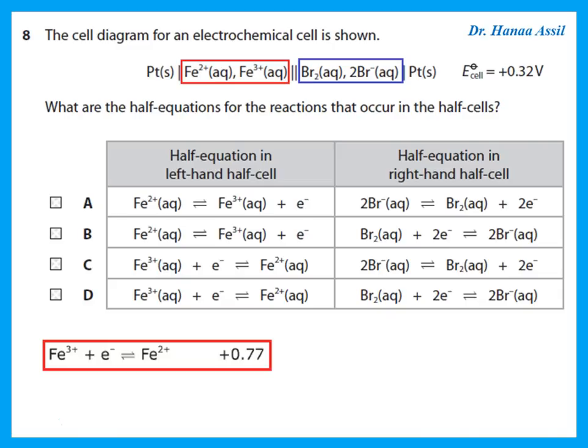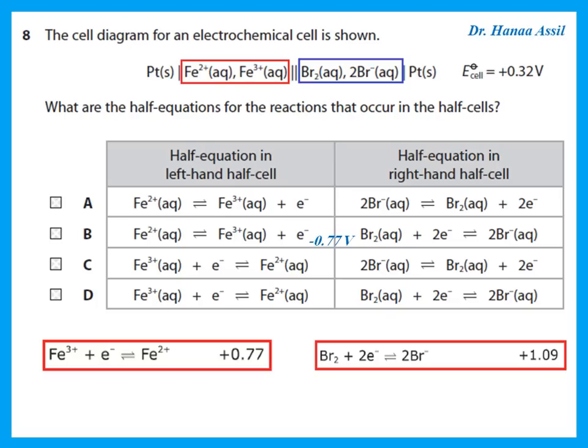Remember that when we invert the equation, we also invert the sign. So for the Fe2 plus going to Fe3 plus, the E of that half cell is minus 0.77. Now, looking again at the data booklet, we'll find Br2 plus 2 electrons to give Br minus, it's plus 1.09.